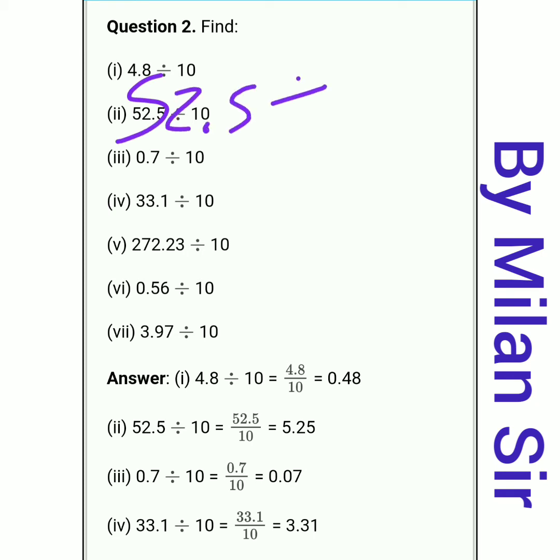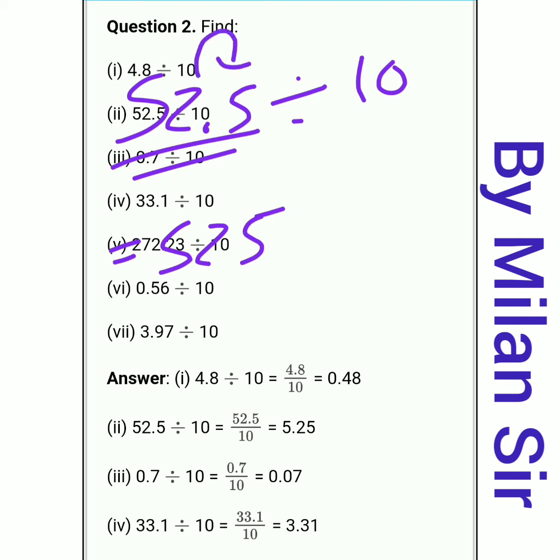52.5 divided by 10. First of all ignore the decimal point, so it becomes 525. Here after the decimal point one digit is there, so we need to put 10 in the denominator. So 525 divided by 10.